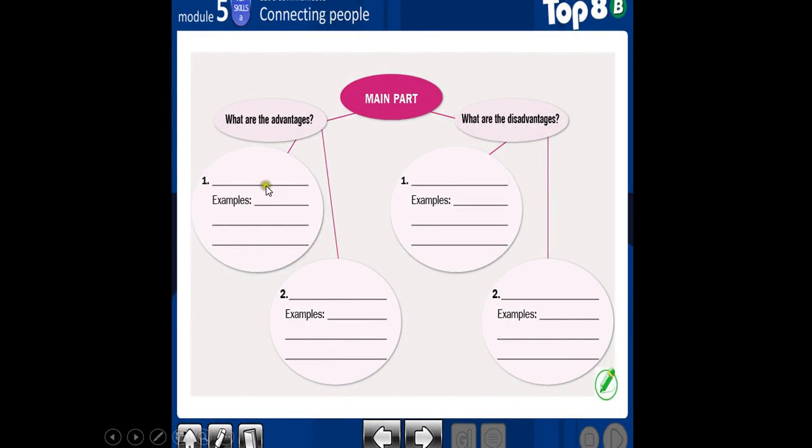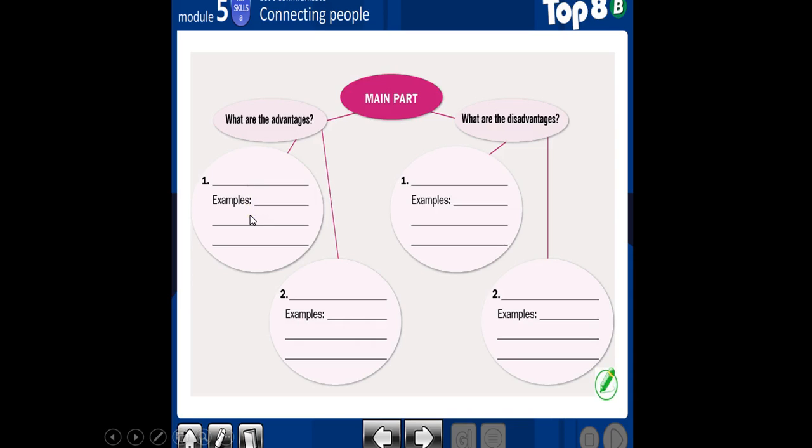Then here is the main part. You organize your ideas into the advantages and disadvantages. Here advantages and here the disadvantages. You just mention 2 of the advantages and 2 of the disadvantages, and for each one you mention an example. For example, for the advantages of the mobile phone, you say firstly, it is easy to carry.